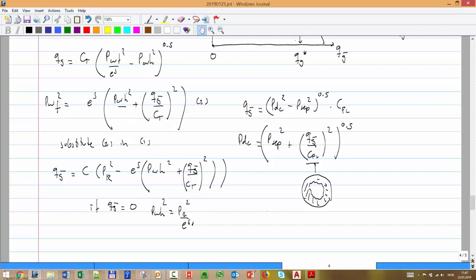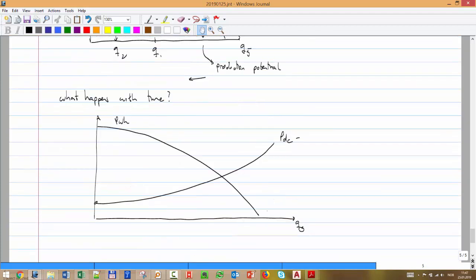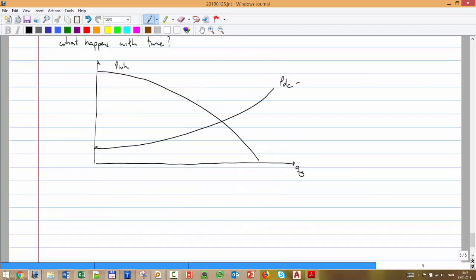But you have here this PR, and with depletion, this PR will go down with time. So what will happen is that curve will be going down with time due to depletion. PR1, PR2, and PR3, and PR1 is greater than PR2.